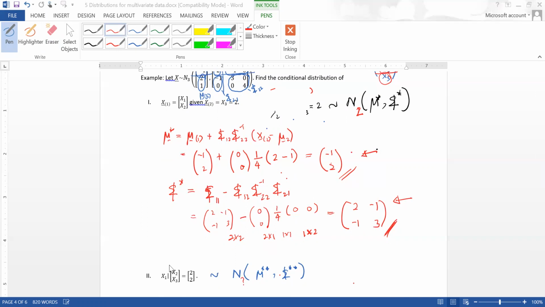So we are finding the x1 given x2, x3 distribution. So Tarushi, yes. Himasha, yes. Others?